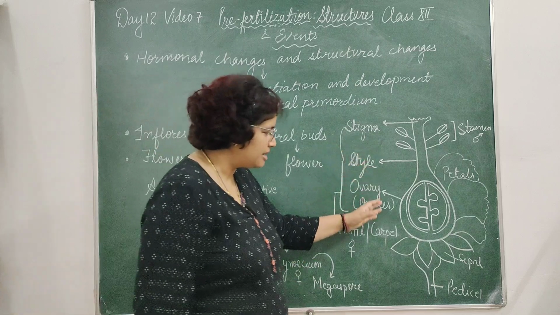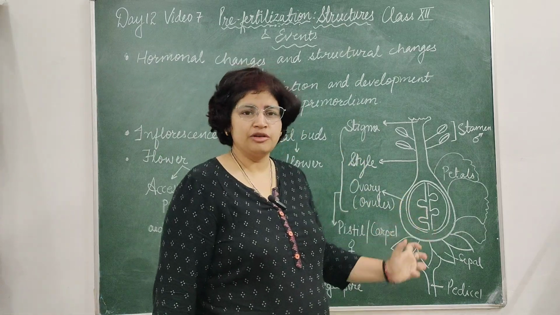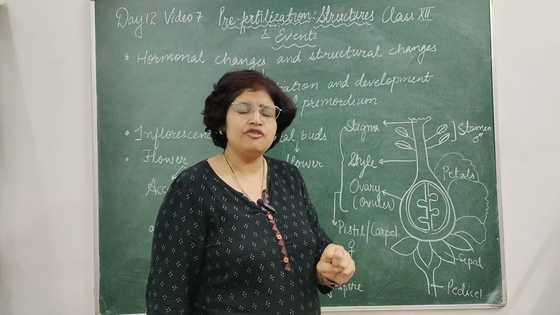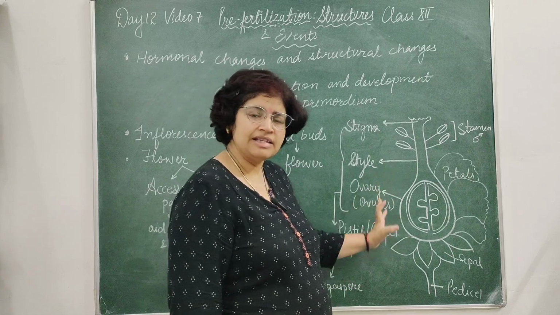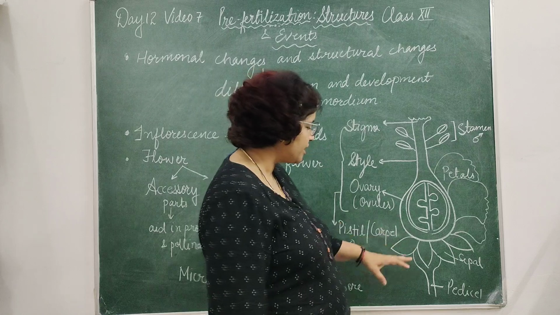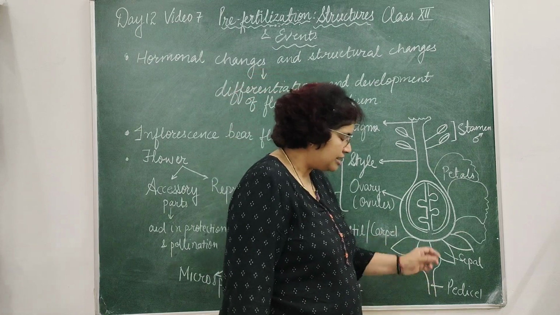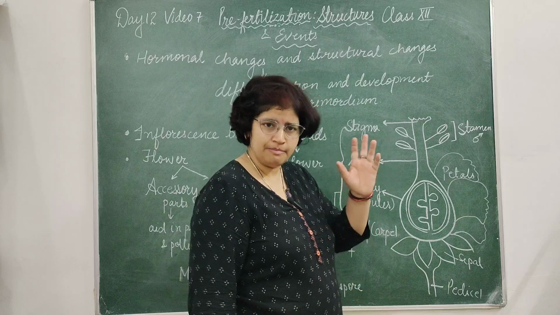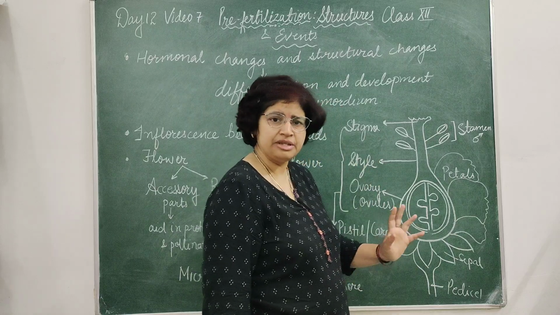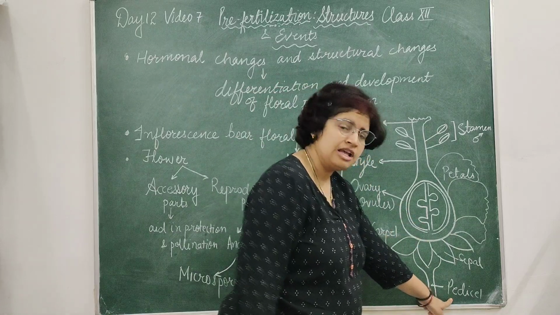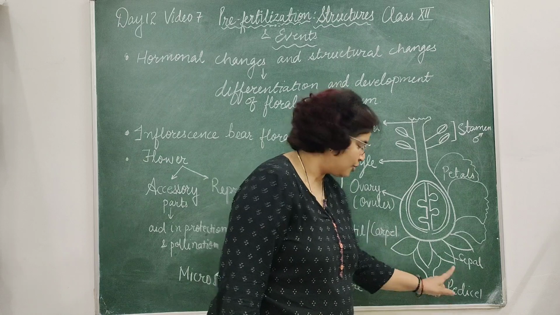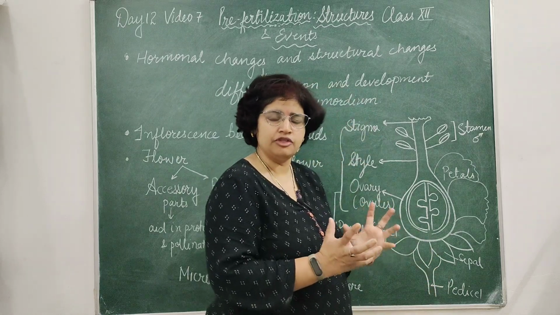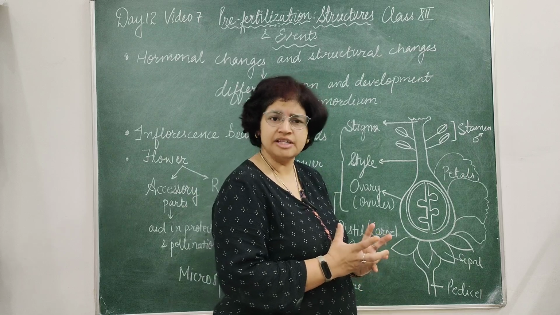Let us discuss this diagram of a bisexual flower. A bisexual flower is a flower which contains male and female sexual organs in a single flower. First of all, the part which attaches the flower to the plant stem is the pedicel. We can call it the flower stalk also. When we move above it, a swollen structure is there, which we call the thalamus or flower receptacle.